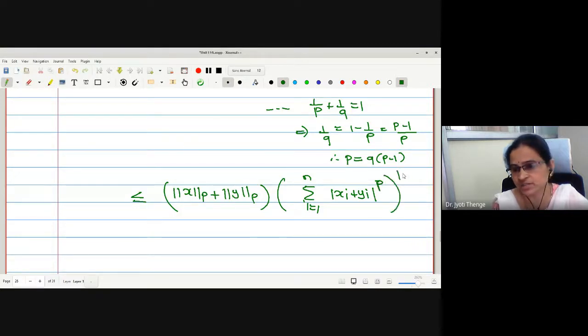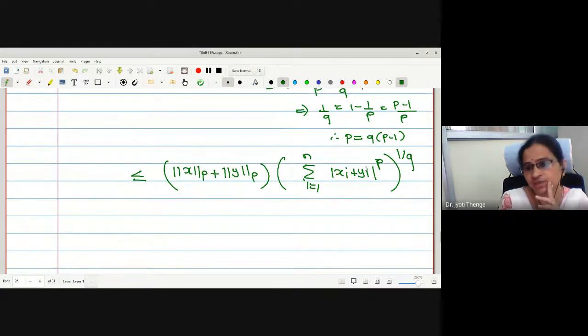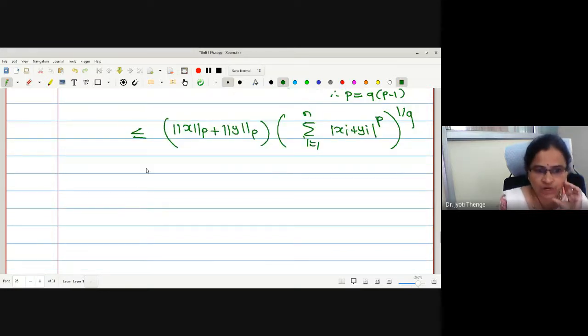And the whole thing raised to 1 by 2. Now, anyhow, we want power and root to be in the reciprocal form. Therefore, here we have p. But let me try to adjust it as raised to q raised to 1 by q. For this, first I will write this norm p of x, norm p of y as it is.